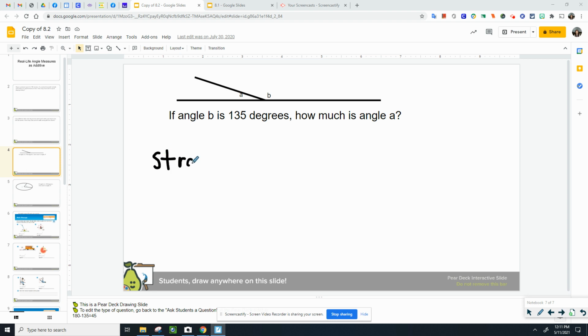I know, because we've talked about it before, that a straight angle is half of a circle, and I know that that equals 180 degrees. Okay? So to solve this problem, I know that I would be adding A plus B to get my 180 degree line. So in this case, I have to take the amount that I know is the total, which is 180, and I'm going to take away the part that I do know, which is that B is 135.